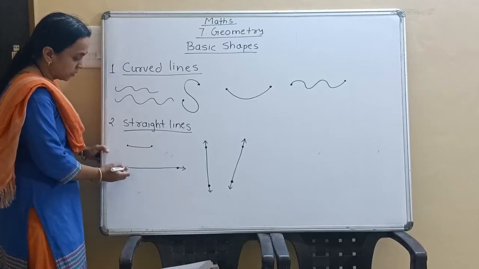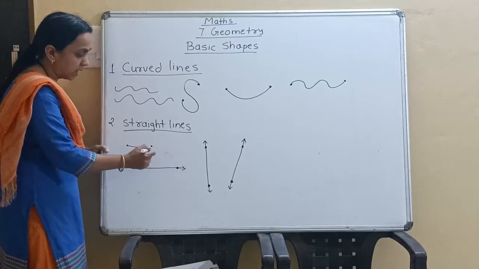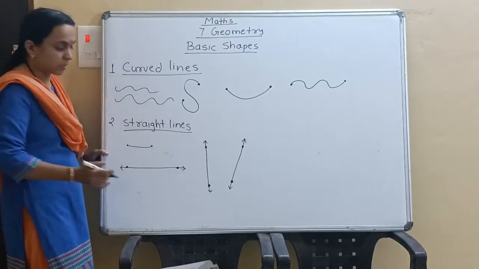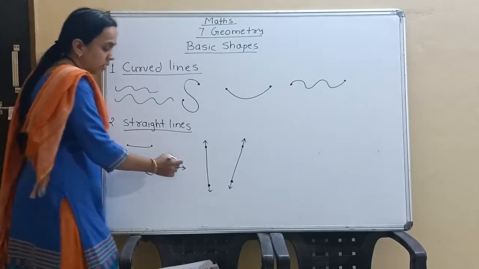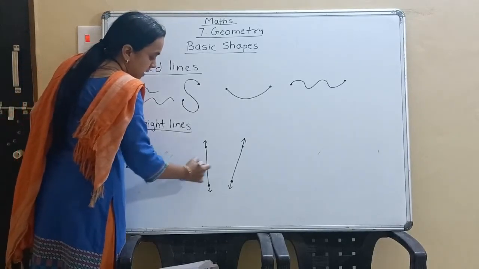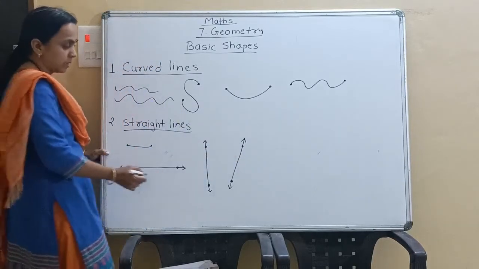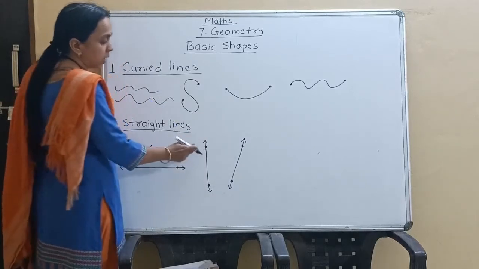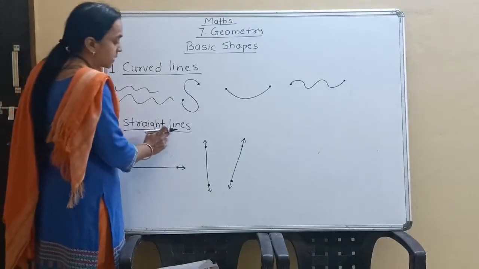We can extend this line from both sides, see, these are the arrows. This is also a straight line, which we can draw with our hand or with the help of a scale.